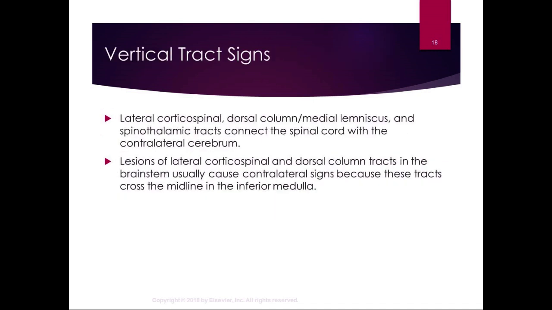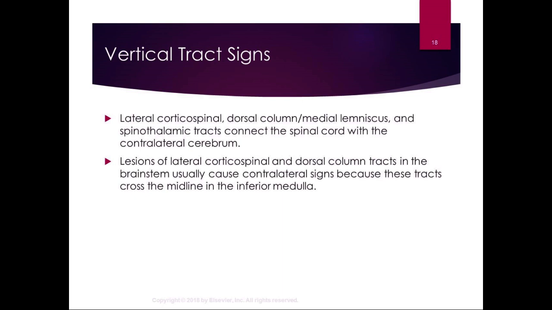Vertical tract signs. So the lateral corticospinal tract, the dorsal column medial lemniscus, and the spinothalamic tract connect the spinal cord with the contralateral cerebrum. Remember, we talked about that in the vertical systems. So lesions of the lateral corticospinal and dorsal column tracts in the brainstem usually cause contralateral signs because those tracts cross the midline in the inferior medulla.